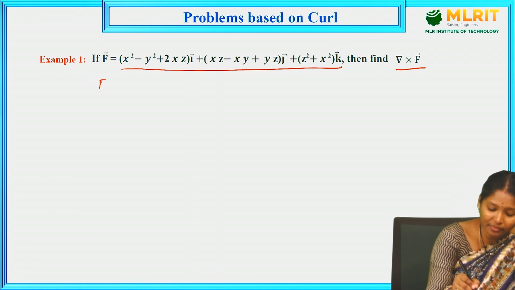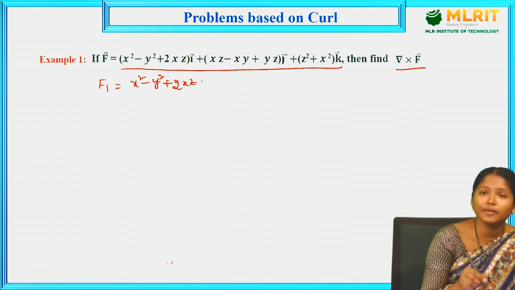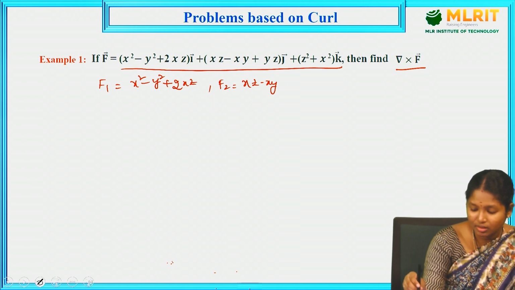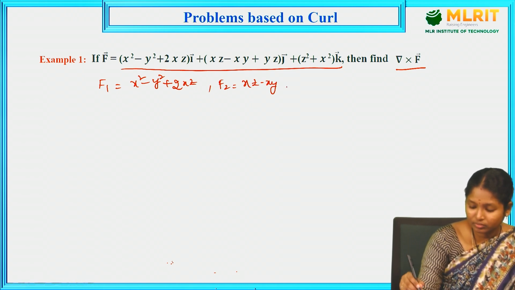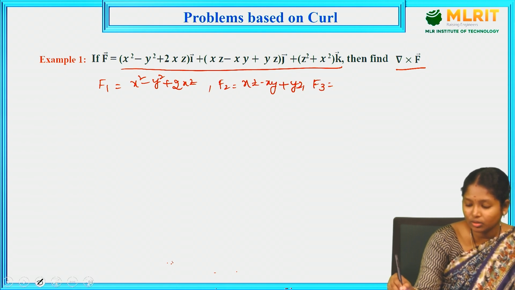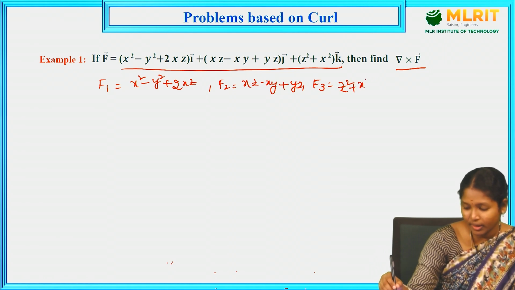So here f1 equal to x square minus y square plus 2xz, f2 equal to xz minus xy plus yz, f3 equal to z square plus x square.